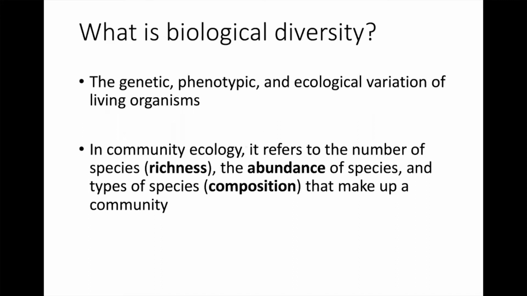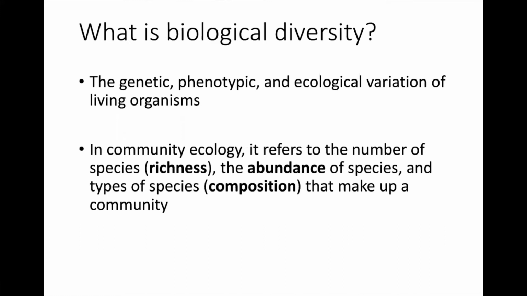So a really broad topic, almost any biological variation can fall under this idea of biological diversity. But in ecology, and in the context of this study in particular, we're going to be talking mostly about the number of species in a community and the abundance of those species in the community.